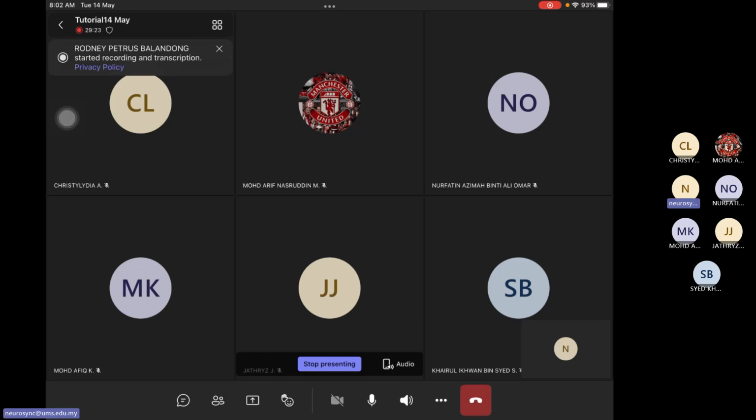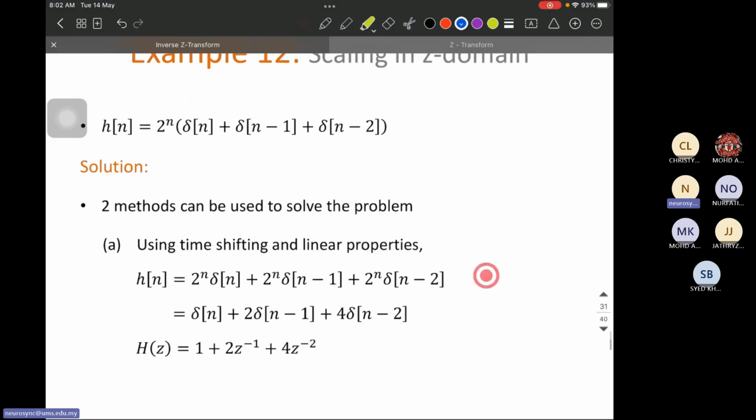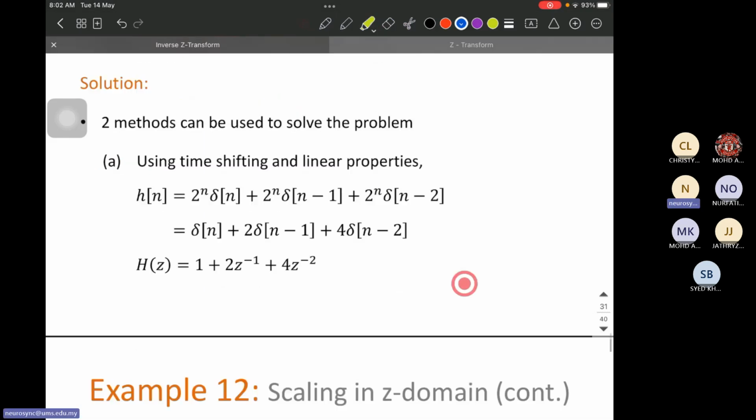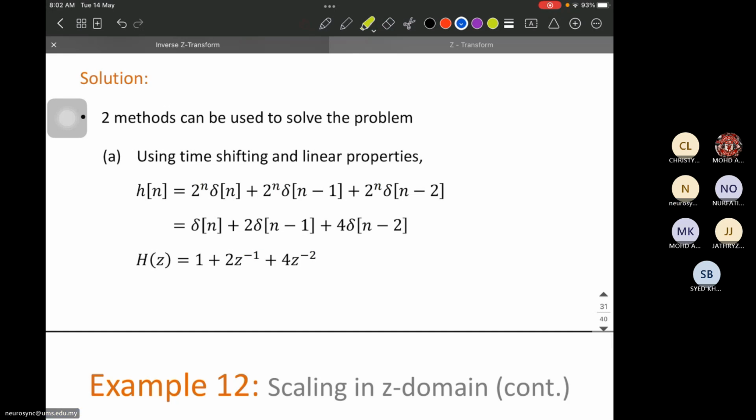So are you getting the same answer with these two methods, time shifting and scaling? Please look at this. Here an adjustment is done. 2 to the power n minus 1 is needed for delta n minus 1, therefore 2 into 2 to the power n minus 1.